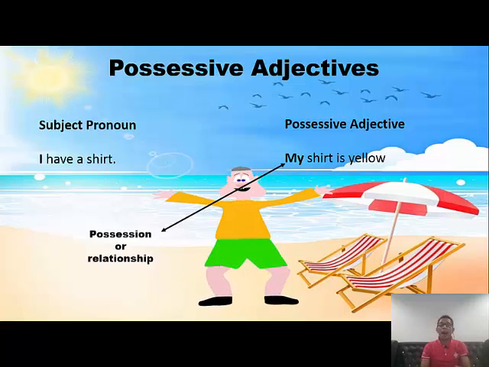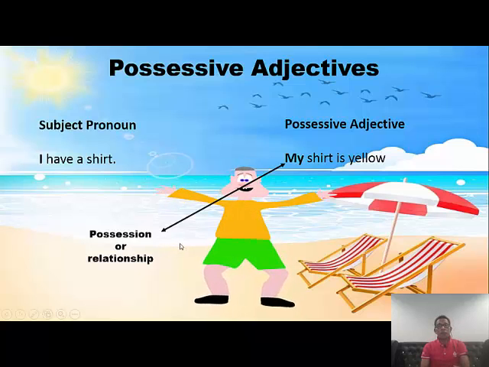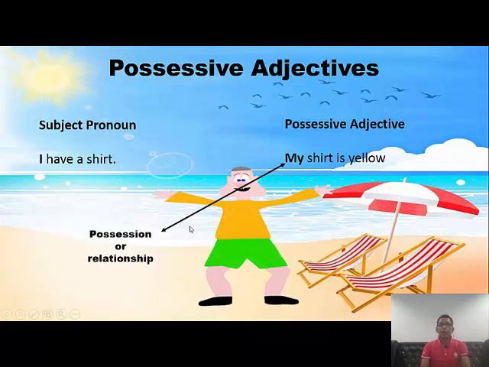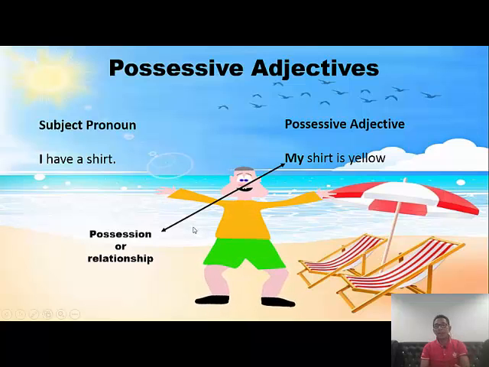And I over here is the subject pronoun. Okay, that's the difference. Now a possessive adjective shows a possession or relationship, so when you say I have my shirt, and you continue with my shirt is yellow, that shirt belongs to you.